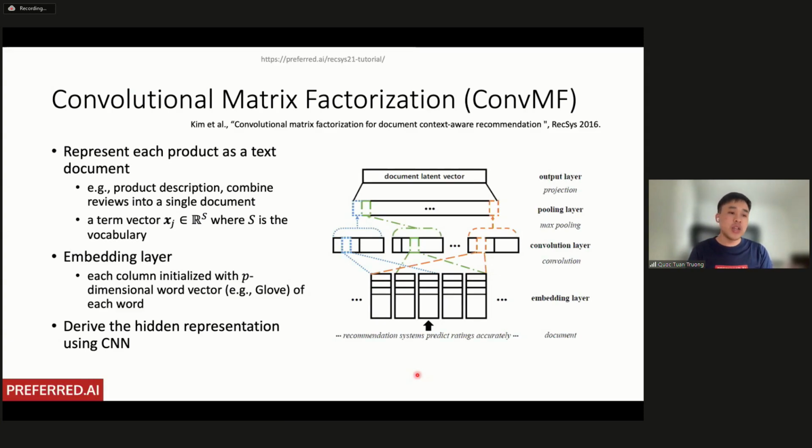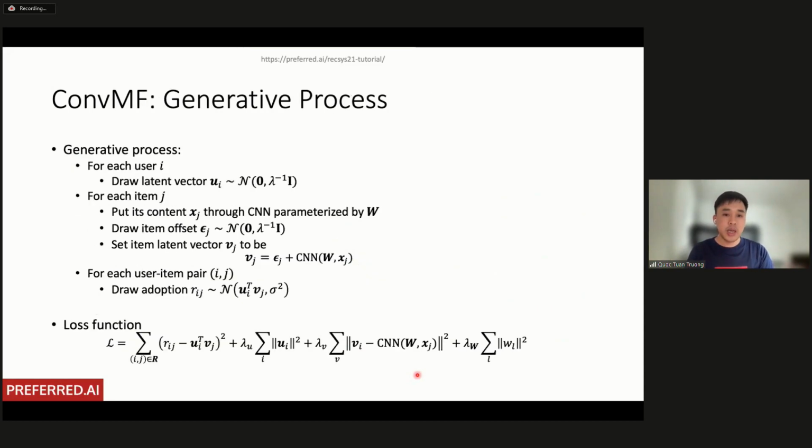So the only difference between this ConvMF and the previous models that we introduced is that instead of leveraging the weighted matrix factorization building block, they actually make use of PMF, the explicit version. It's trying to estimate the rating. So they focus on regressing the rating value instead of focusing on the ranking metrics as in the previous models.